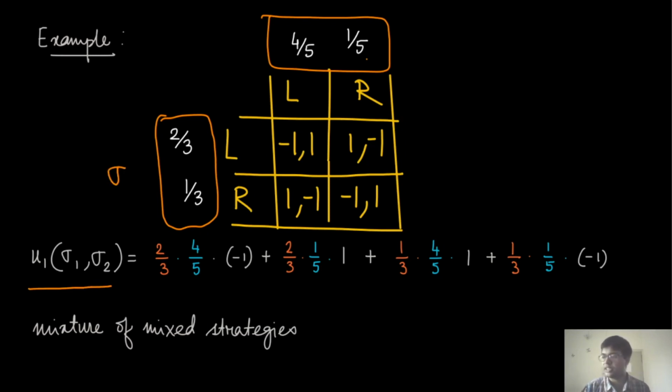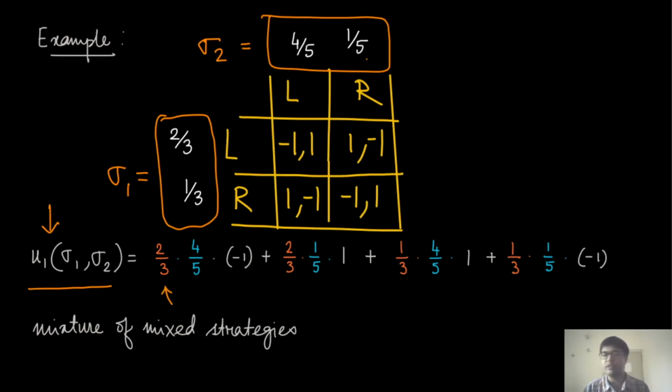So notice that sigma 1 in this case is this vector of 2/3 and 1/3, and sigma 2 is essentially this vector. So we are going to find out what is the utility of player 1 when this mixed strategy profile has been chosen.